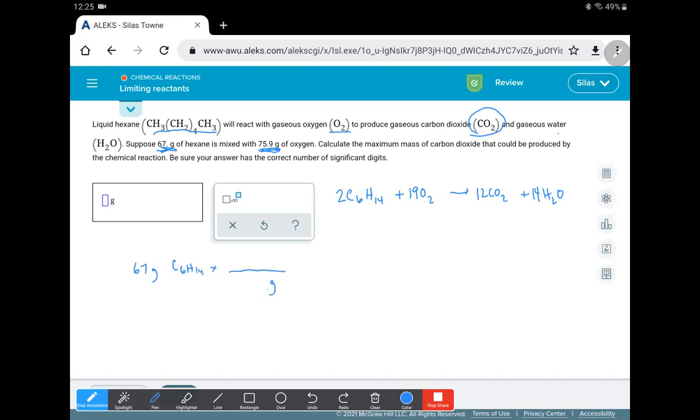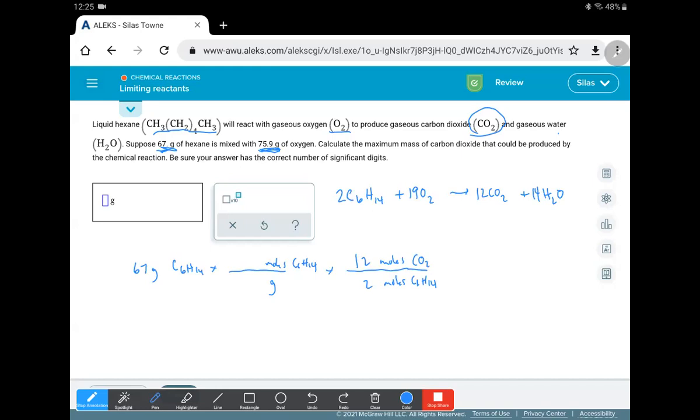We're going to do molar mass, grams to moles, and then we're going to go moles of our fuel into moles of CO2. And that's where we'll use this balanced chemical reaction, 12 to 2.